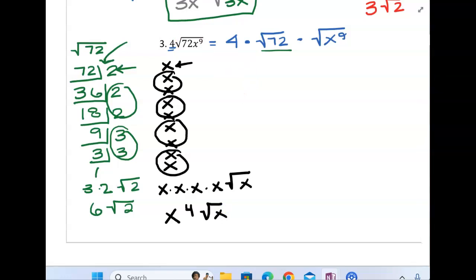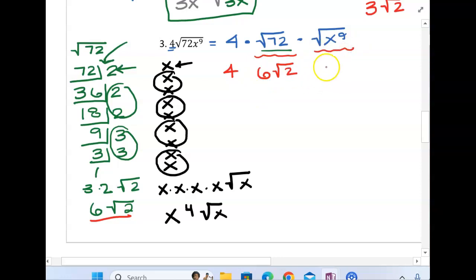So now I can go back up to where I had here. My 4 stays a 4. Square root of 72 is 6 square root of 2. And then x to the 9th is x to the 4th square root of x.